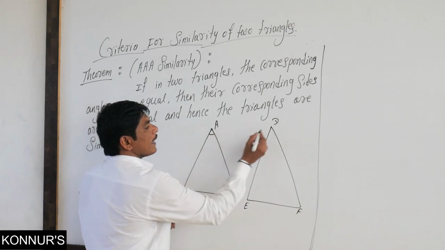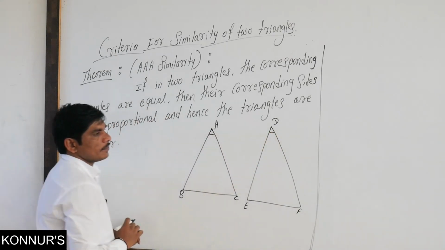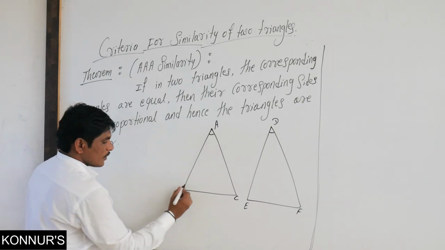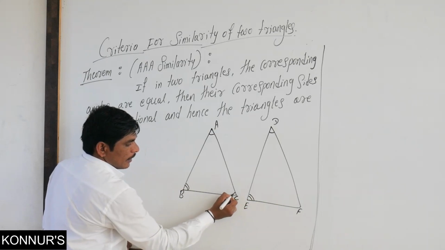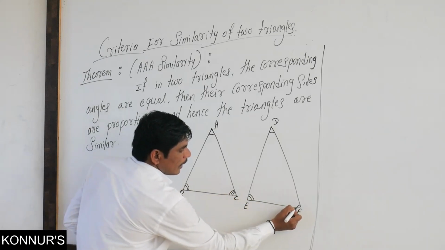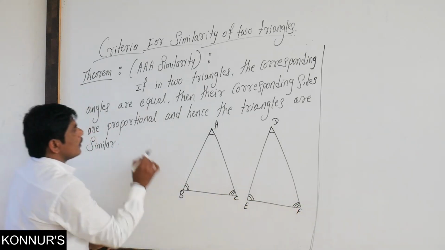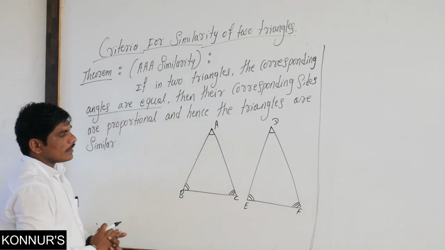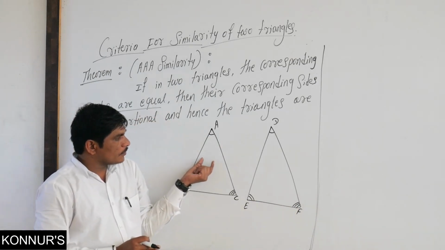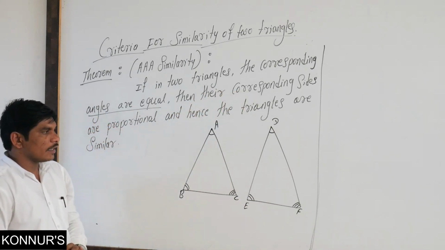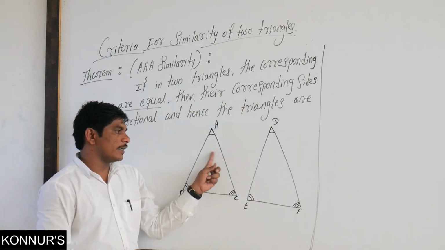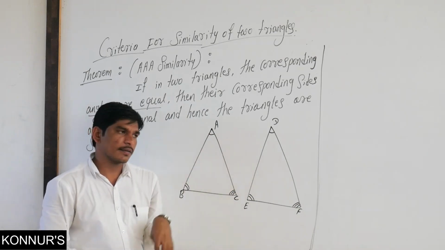Now, angle A is equal to angle D is given because both are corresponding angles. Similarly, angle B is equal to angle E, and angle C is equal to angle F. Now this is the given. Based on these points we are proving corresponding sides are proportional. If corresponding sides are proportional, then these two triangles are similar.